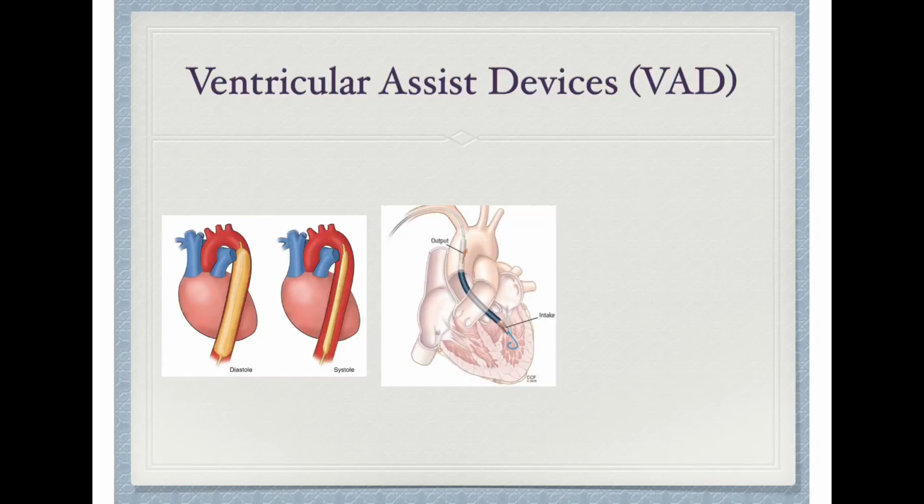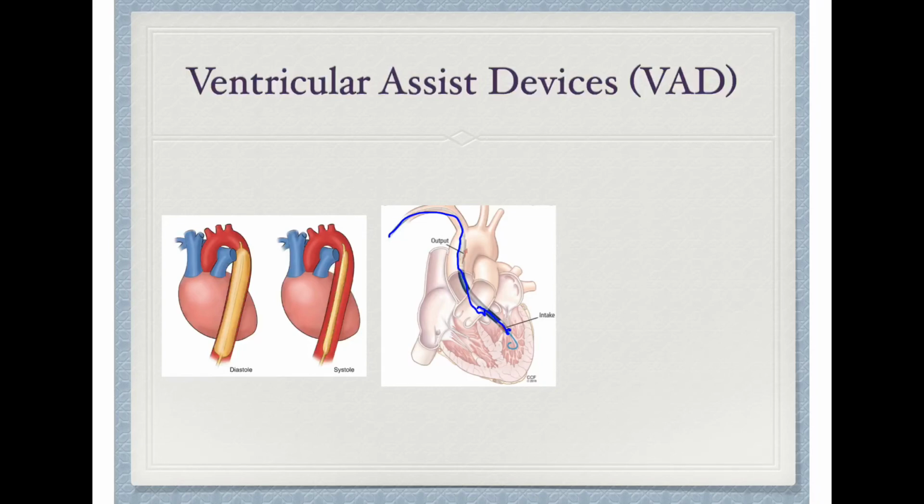A more advanced device is the Impella. This is a device that's similarly threaded through a patient's artery, enters the left ventricle through the aortic valve, and sits inside the left ventricle. And it essentially functions as a pump.